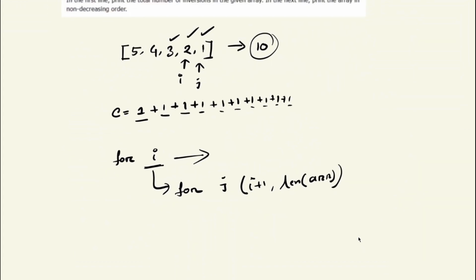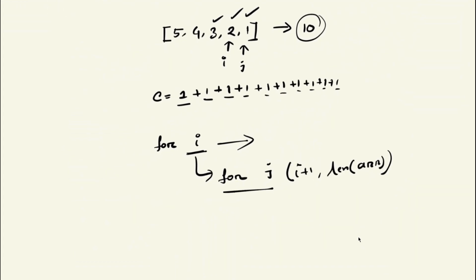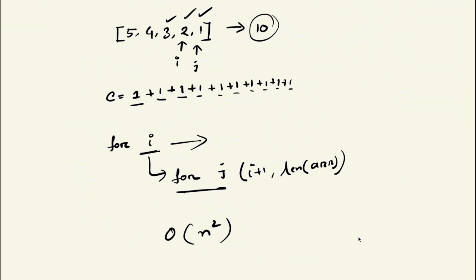So this is basically the naive approach. What's the time complexity here? It's almost order of n square. Not exactly, because we are not iterating through all the n. There is always one number shorter for each of the i. Okay, it's approximately order of n square.